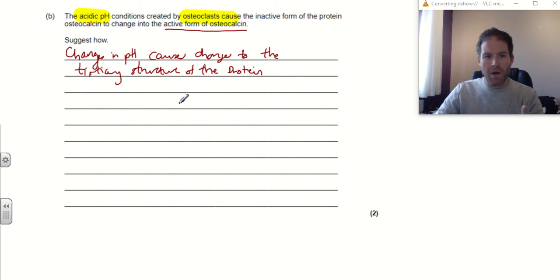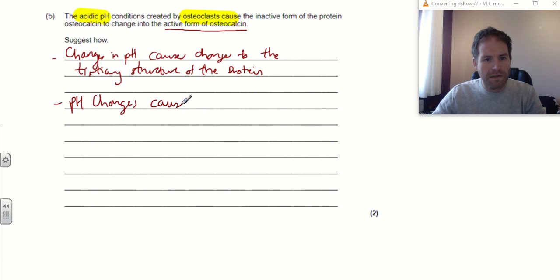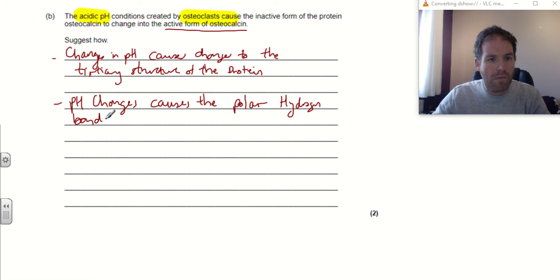And why it does that is because the pH change causes the polar hydrogen bonds to break.